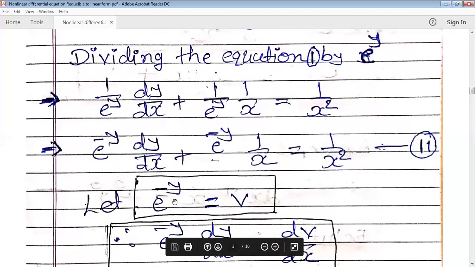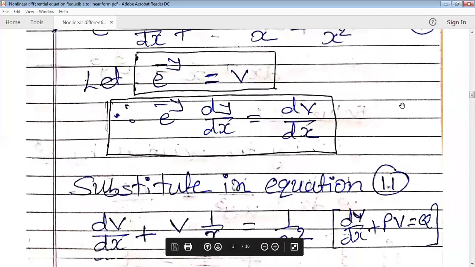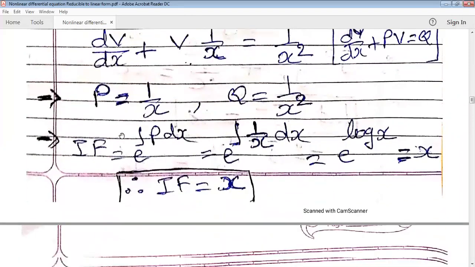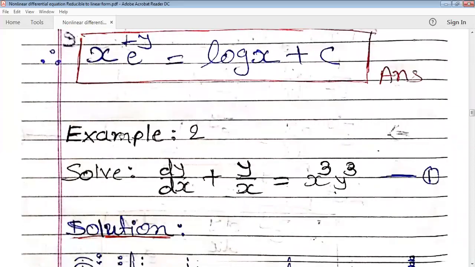So first we assume e raised to minus y is equal to v, and then the derivative of e raised to minus y, dy by dx, is equal to dv by dx. Substituting both values in equation 2, we get our linear equation, and then going through the last lecture's method, we find our solution.